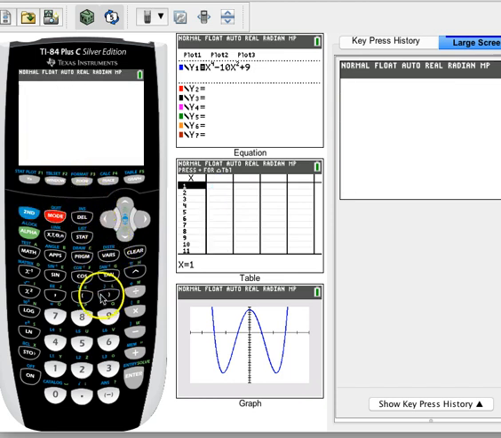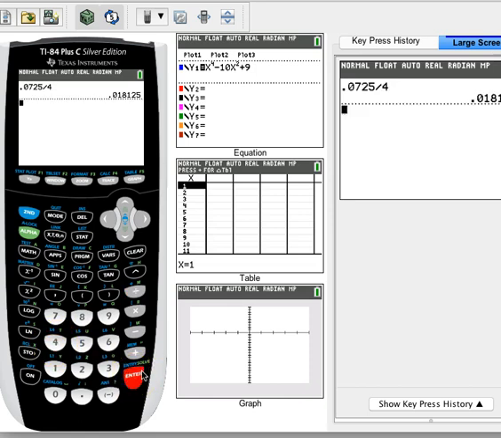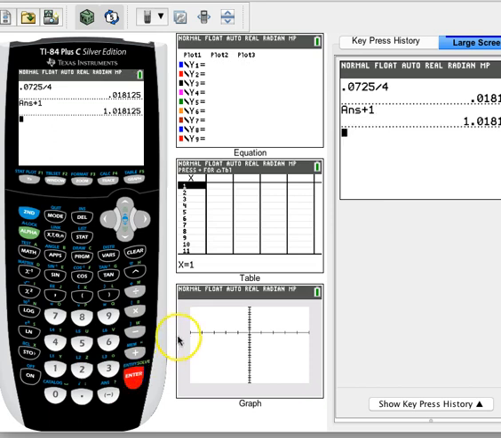So if I'm in my calculator, obviously we want to start with order of operations. So on the inside of the parentheses, the first thing I see is that I have division. So I do the 0.0725 divided by 4 first. And then I'm going to add the 1 to it because that's what's inside the parentheses.